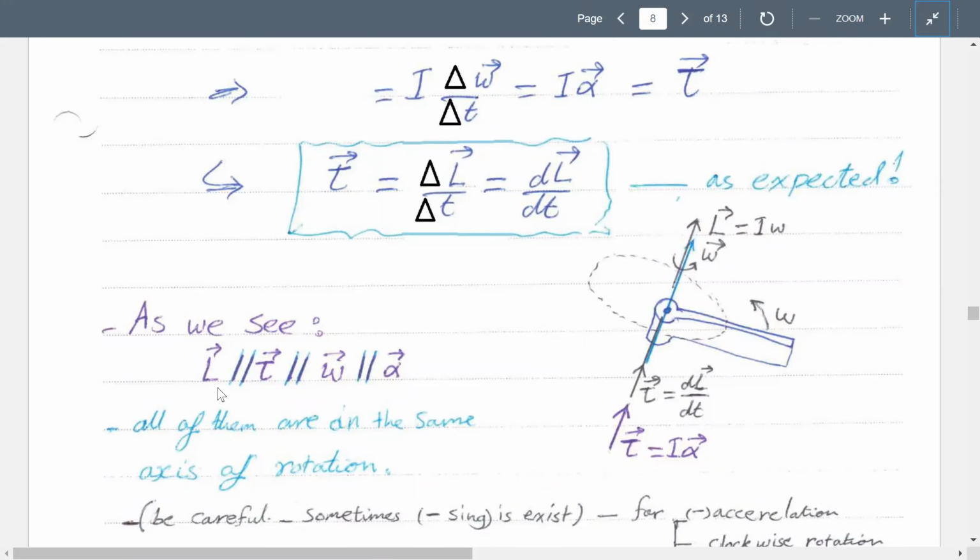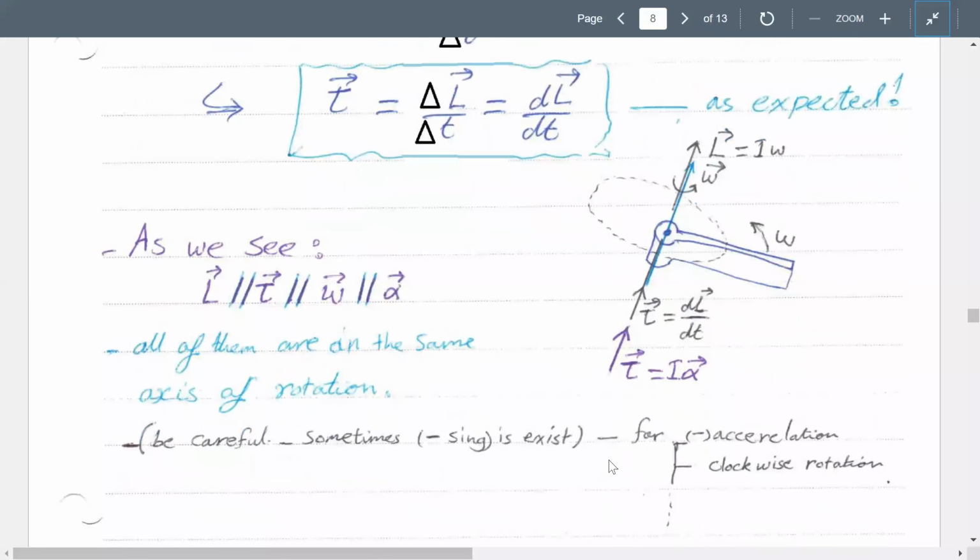The direction of the angular momentum is parallel to the direction of the torque, which is the same as or parallel to the direction of omega, the angular velocity, and which is the same as the direction of the acceleration. All of them have the same direction, which is the axis of rotation. Rotation counterclockwise is positive, clockwise is negative, okay?